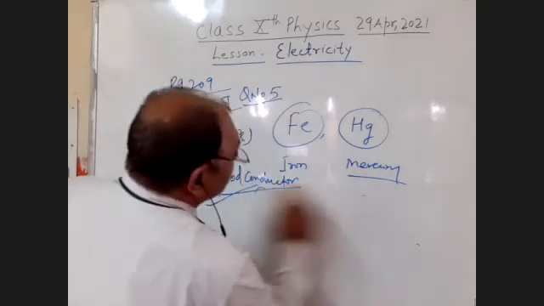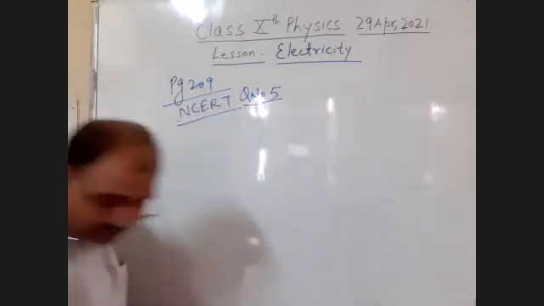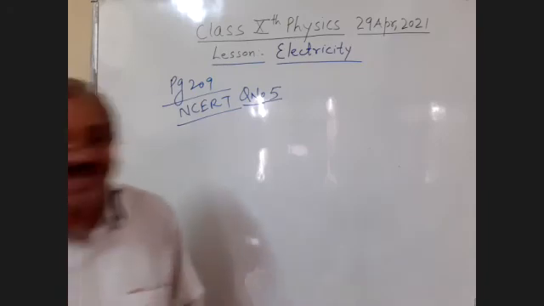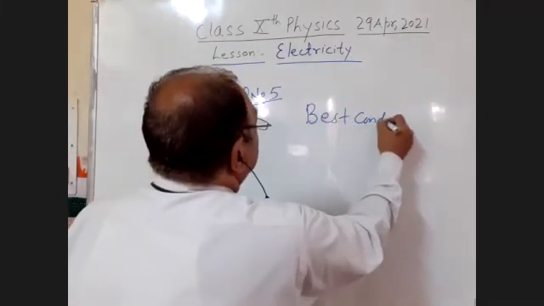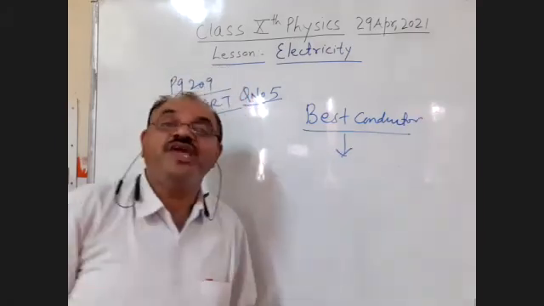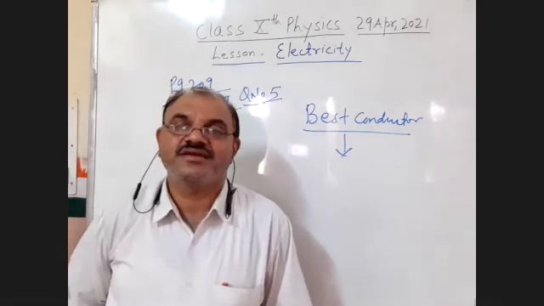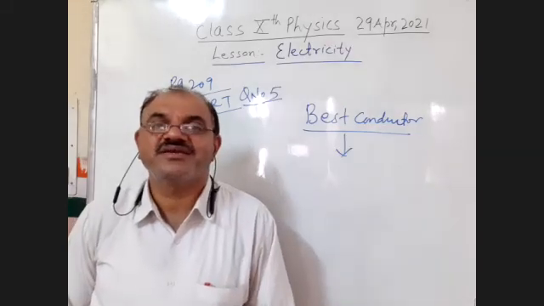Now students, the B part. I'll read out the statement. Your B part is: which metal is the best conductor? Best conductor. According to you, if I ask this question, which type of material can we say?